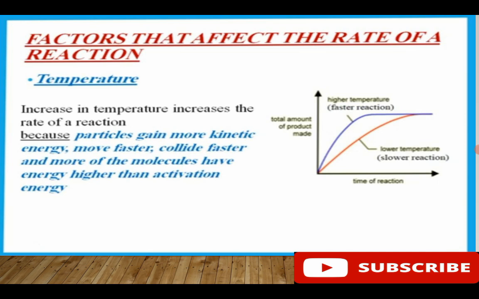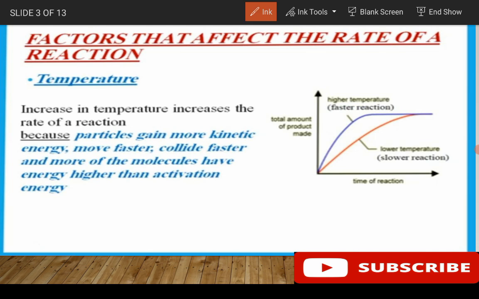So, they may ask you in an exam, in paper 1, explain how temperature affects the rate of chemical reaction. Such a question has 4 marks. Let's see where those 4 marks come from. By saying that an increase in temperature increases the rate of reaction, you get 1 mark.